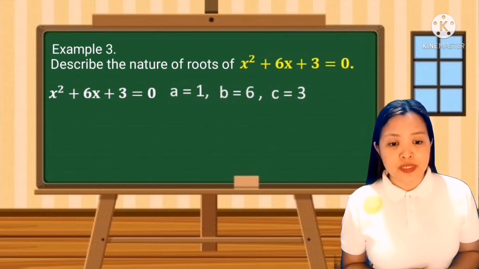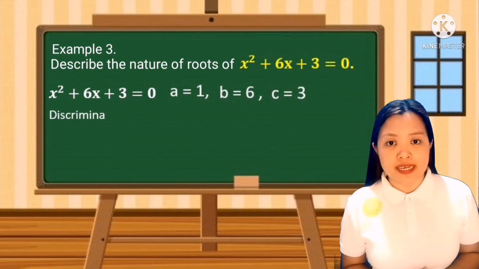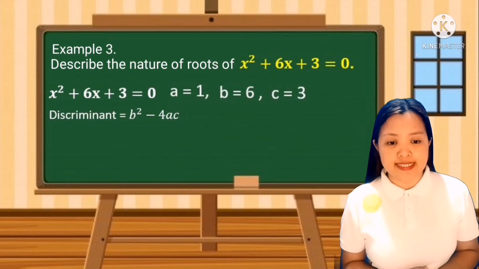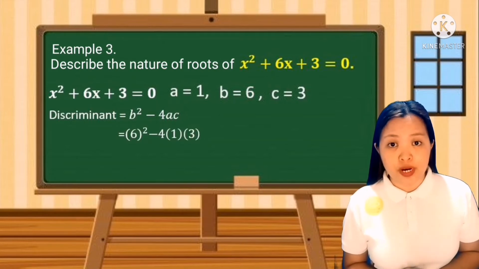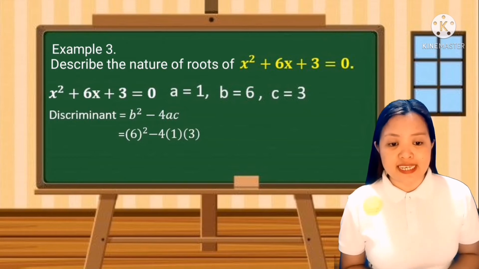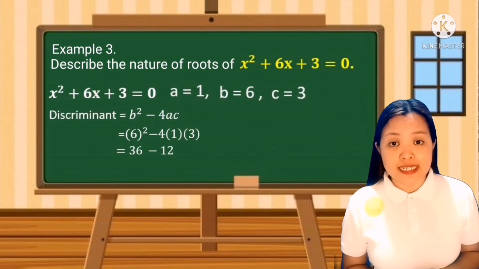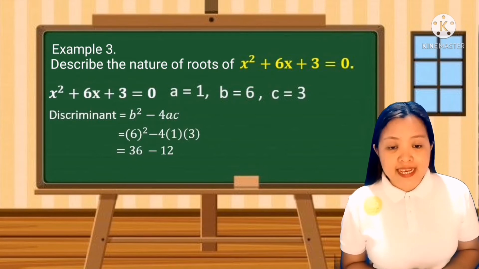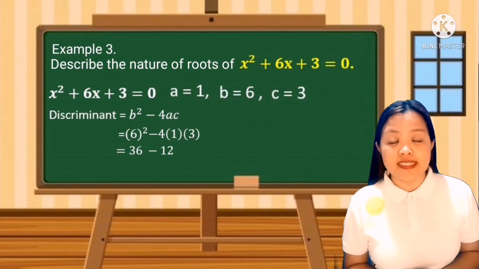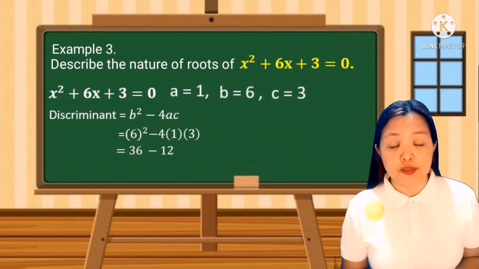Substituting to the formula of the discriminant b squared minus 4ac, we have 6 squared minus 4 times 1 times 3. Solving 6 squared, the result is 36, and negative 4 times 1 times 3, the result is negative 12.